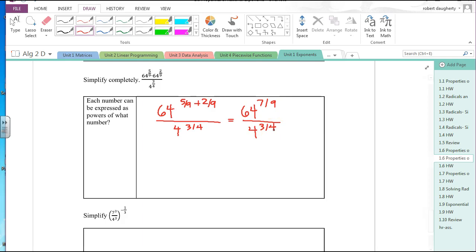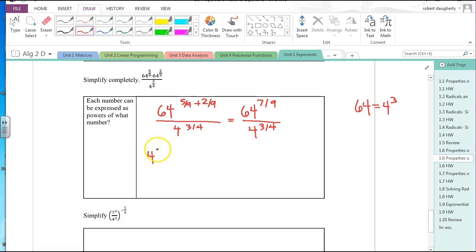So, how do I look at this? Well, I don't have everything raised to the same power, but I know that there's a relationship between 64 and 4. 64 is 4 cubed. 4 times 4 times 4 is 64. So let me go ahead and convert that 64 to a 4 cubed and see if that helps me.